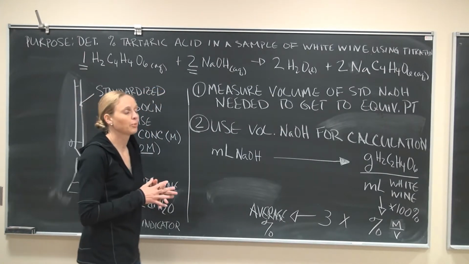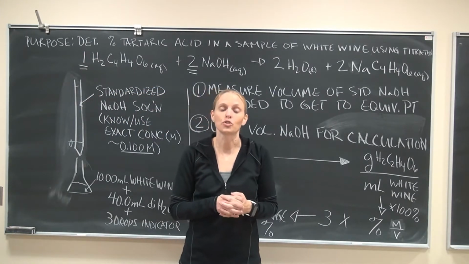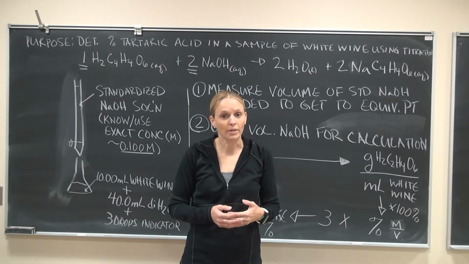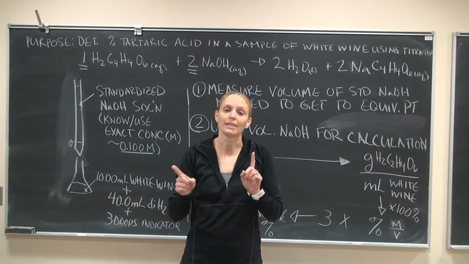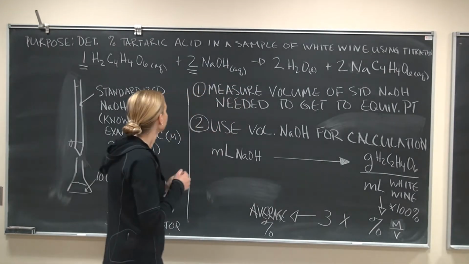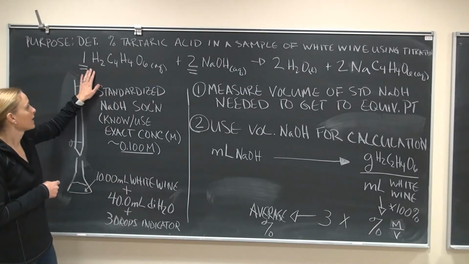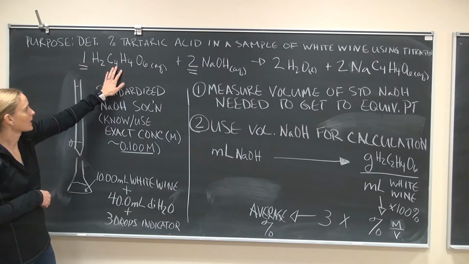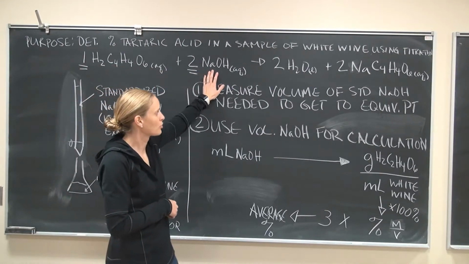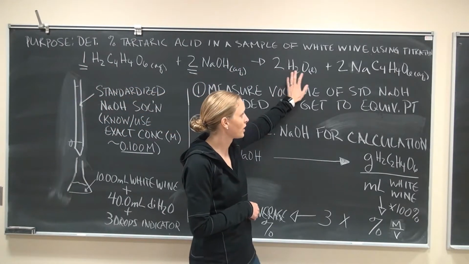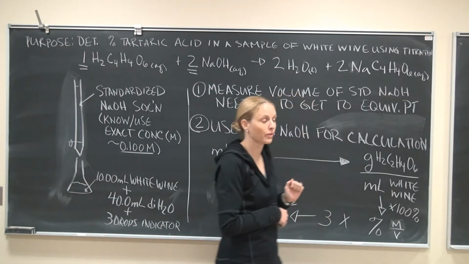The first step in any titration is to write the chemical reaction equation between the acid and the base. I've already given that to you, so you don't need to look that up. It's 1 mole of tartaric acid plus 2 moles of sodium hydroxide, giving us 2 moles of water and 2 moles of this salt right here.